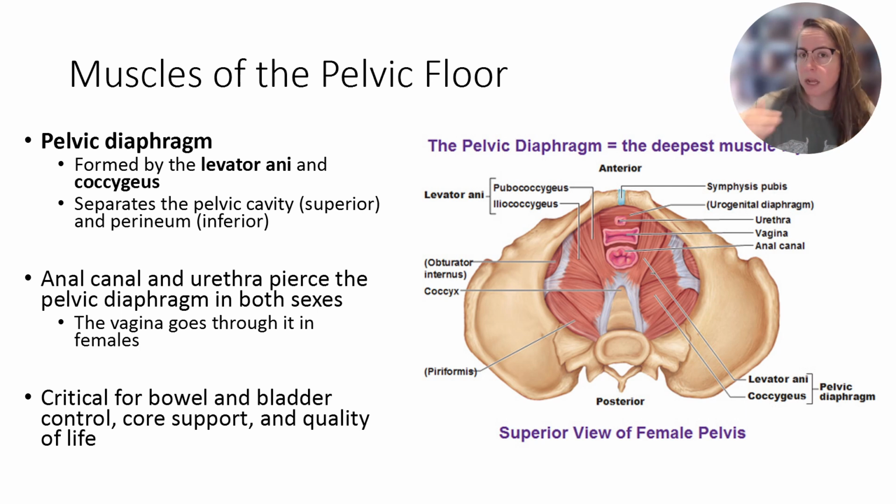If you don't regain that tone, you can have things as simple as urinary incontinence, which we call stress incontinence, because you laugh and then you pee a little. It can affect your core strength, and you can have pelvic organ prolapse. So it's really important to keep this area strong, and as we go through these other systems, we'll come back to the pelvic floor later.